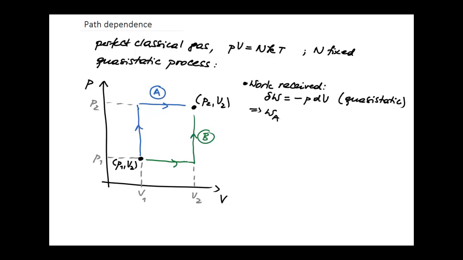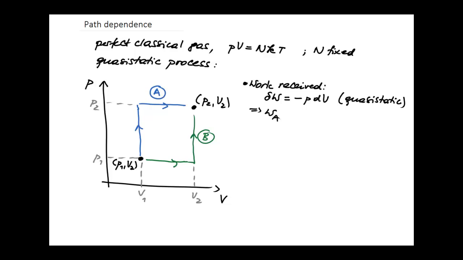When we go along the path A, this is decomposed into two steps. First we go up this vertical line, and then there's this corner, and we go horizontally. The first section, when we go up vertically, happens at constant volume. So the volume doesn't change at all, and hence there's no work involved.